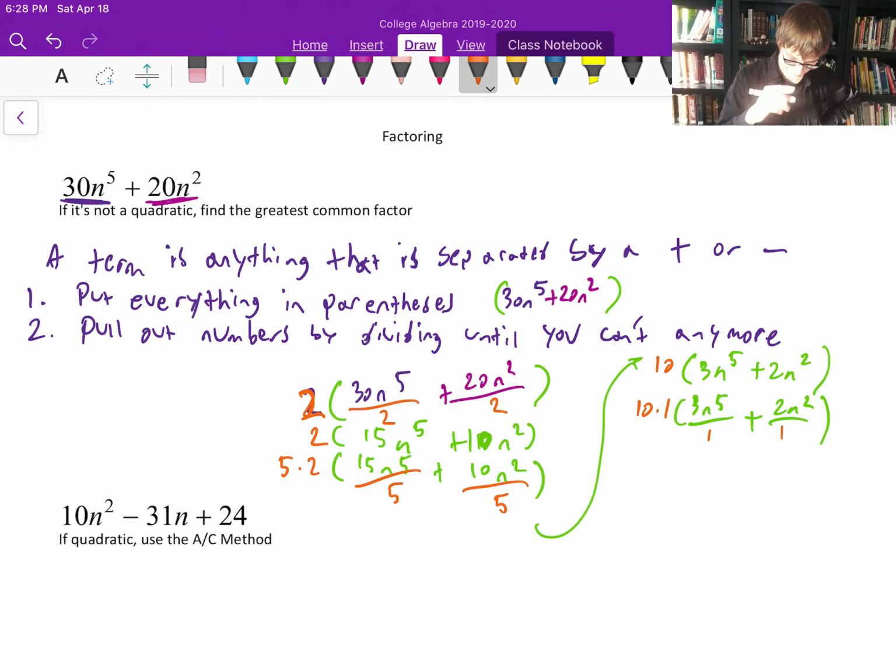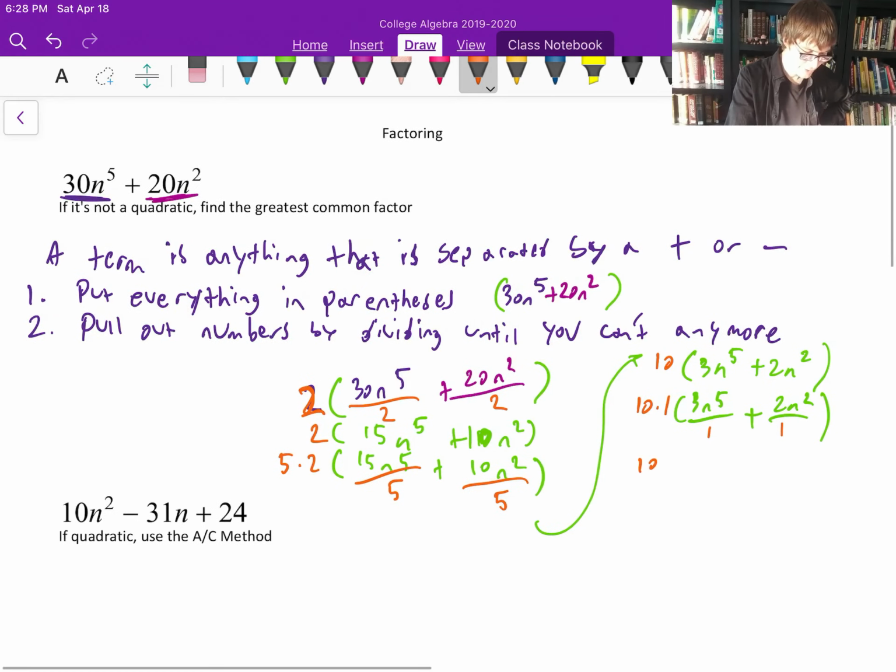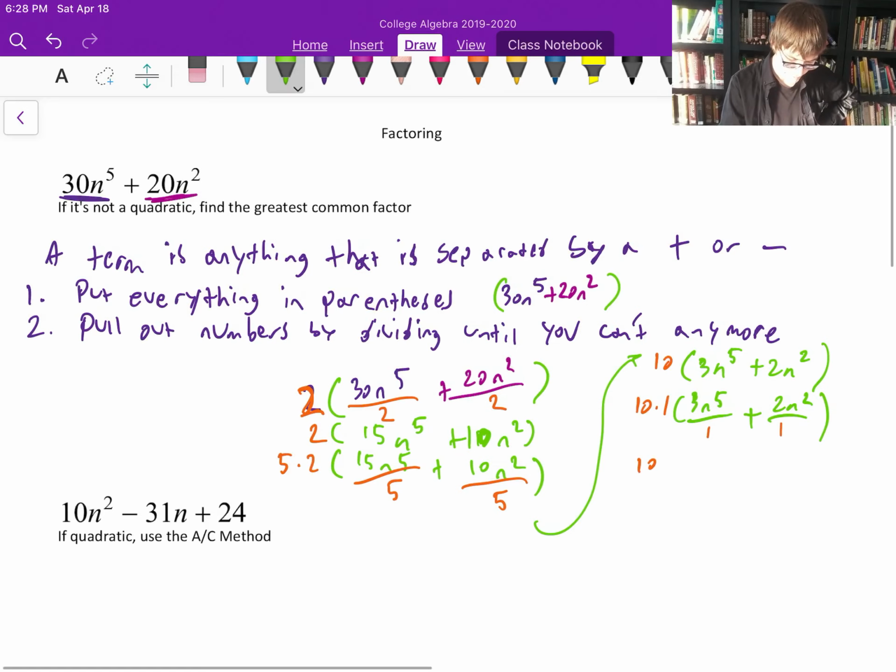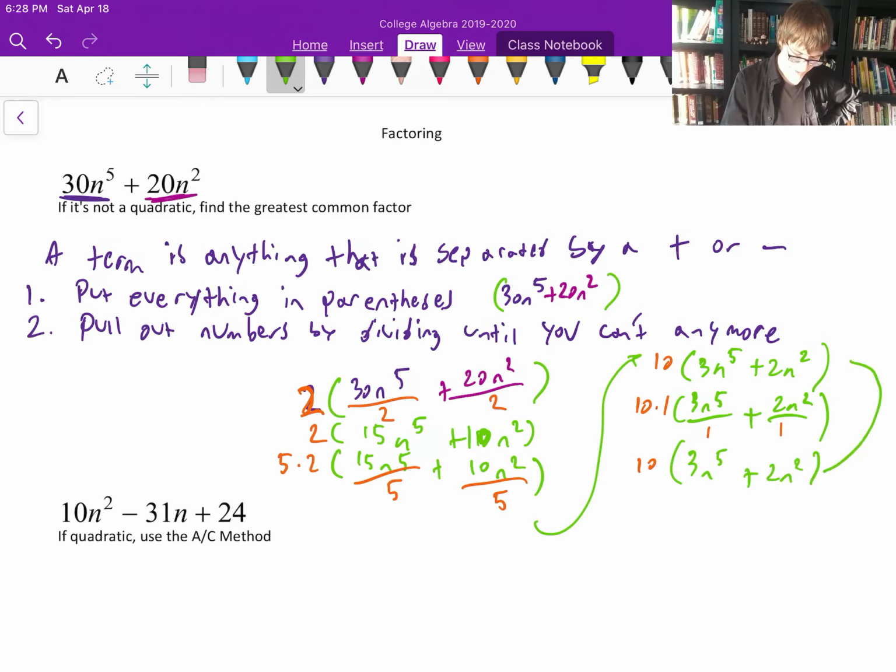And that just gets me 10 times 1 is just 10, and 3n to the 5th divided by 1 is just 3n to the 5th, and 2n squared divided by 1 is just 2n squared. So this equals the same thing as this. They're both the same thing. Taking out a 1 does nothing, is what I'm trying to tell you. So it looks like we're done, except one more thing.